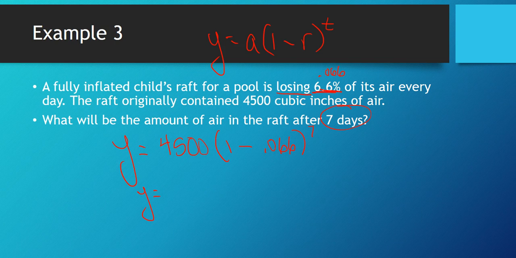And I'm just going to round to the nearest cubic inch, with 2,790 inches cubed. That's how much air is left. And that's really all there is to growth, decay, and compound interest. Just look for the keywords so that you know if it's growth, decay, or compound interest.